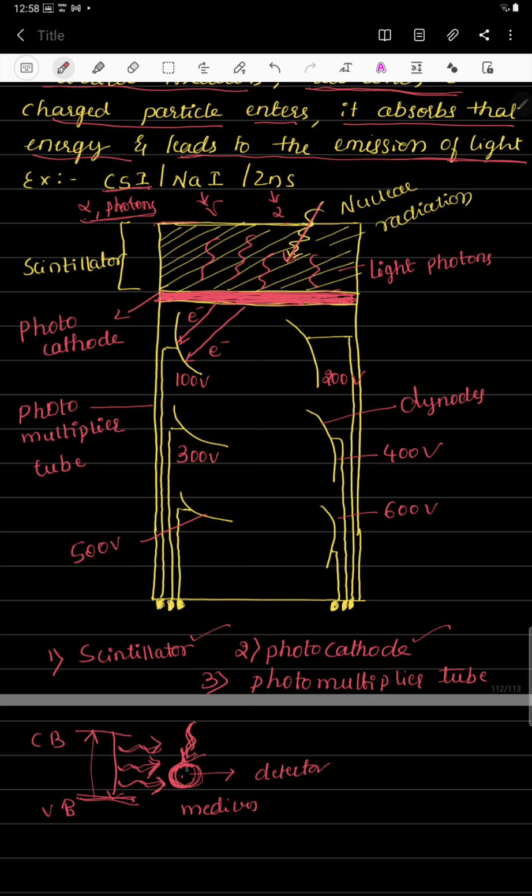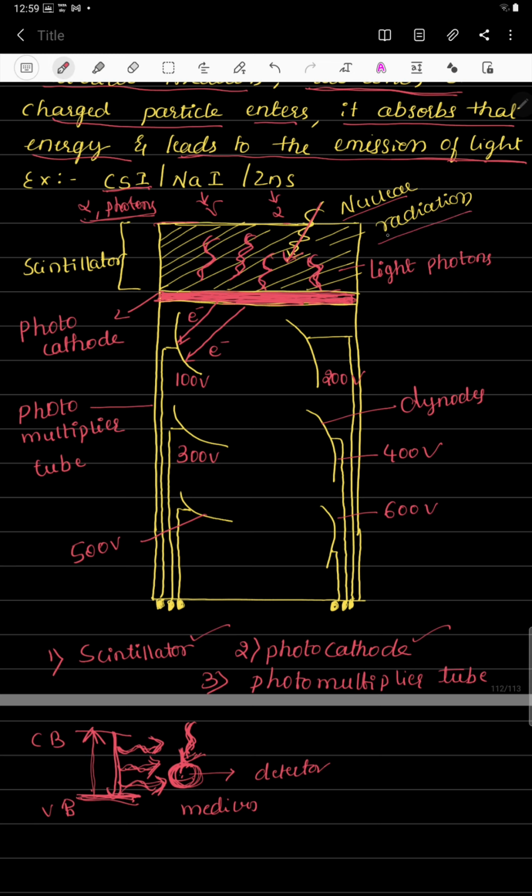When the nuclear radiation enters the scintillator, the medium absorbs this energy, and the electrons present in the valence band go to the conduction band, meaning the higher energy state, and again come back to the original energy level by the emission of photons. A number of photons are emitted when the electrons come from the higher energy state to the lower energy state. The number of photons emitted depends on the energy of the nuclear radiation.